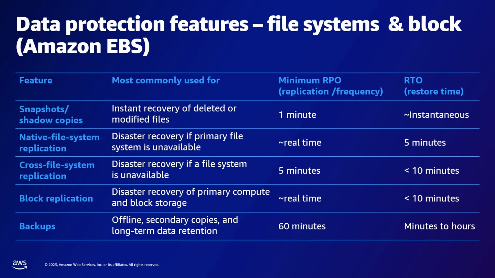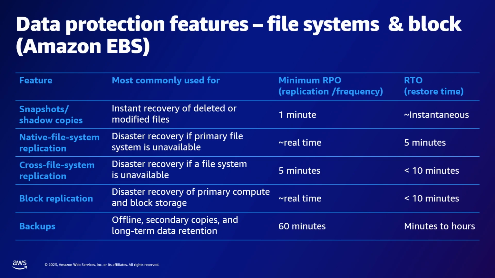When your primary storage system becomes unavailable, you can retrieve your data from an alternate storage type. Block replication is a process of data being replicated off your EBS volume that is attached to your compute instance. As for backup, it provides an offline secondary copy of your data, and it can be kept for long term.